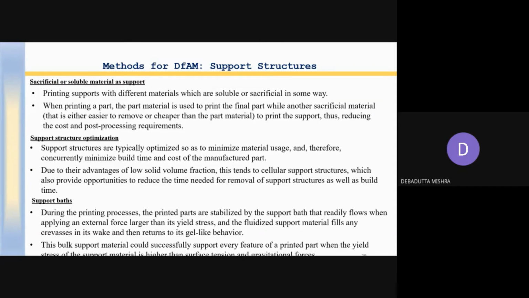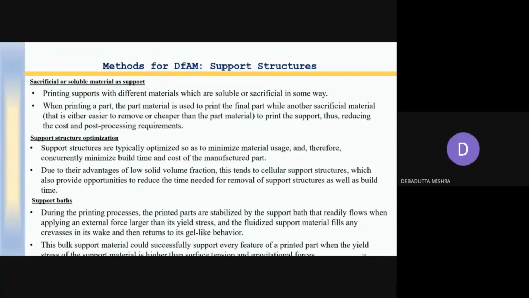Support baths. During the printing process, the printed parts are stabilized by a support bath. Here some gel-like thing will be there, and you have to inject this into the gaps, so they will act as support, and this needs an external force.